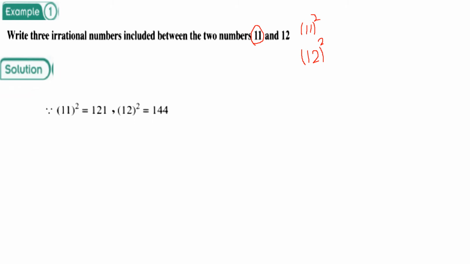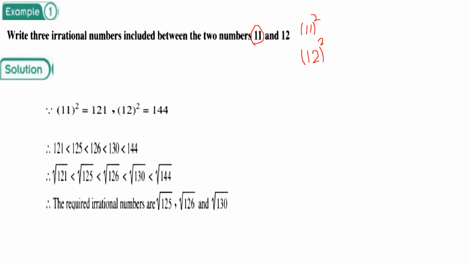The square of 11 equals 121 and the square of 12 equals 144. So we can find the square root of any number between 121 and 144. We have 125, 126, 130. All of these numbers between 121 and 144 are not perfect squares. So we can find any three irrational numbers between 11 and 12 using the square roots of these numbers.